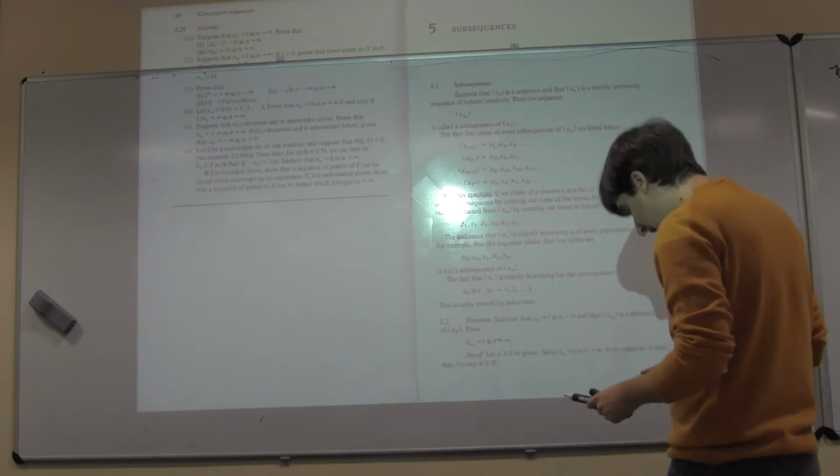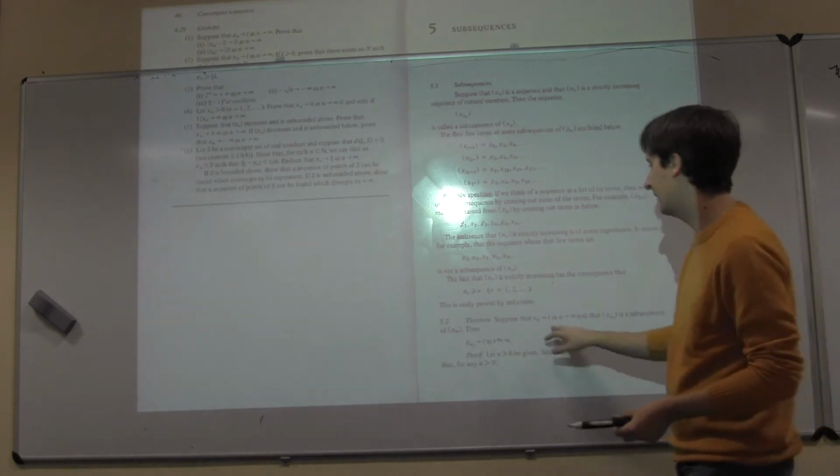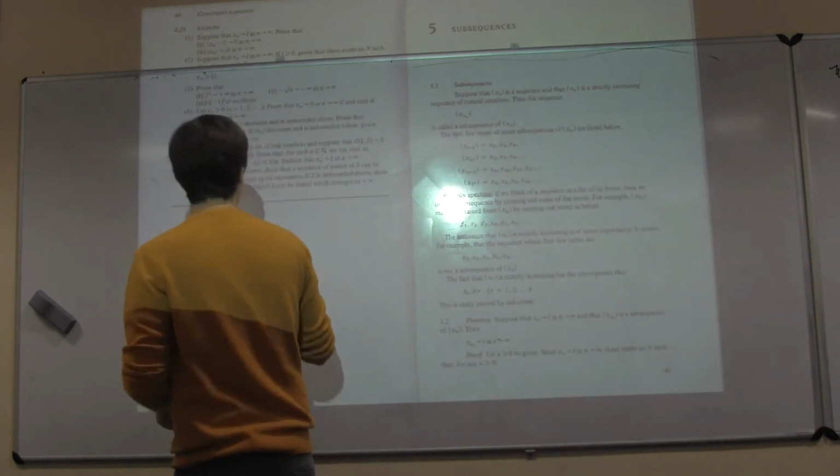Okay, and so this is the theorem they prove there.